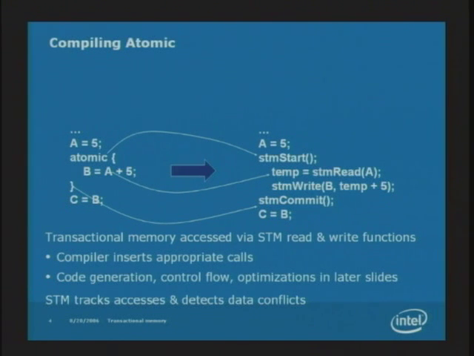In this example, the read of A gets converted into some code that instruments it, and the same thing happens with the write into this shared variable. All of this instrumentation is done automatically by the compiler. As a programmer, you are just writing this construct, and the compiler is adding all of this stuff.